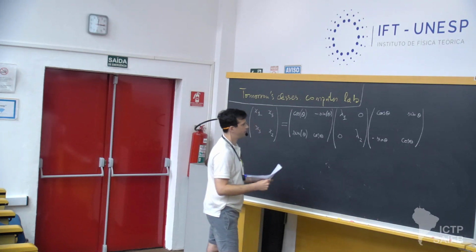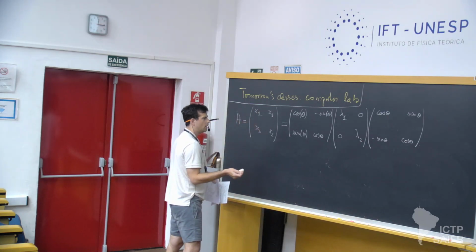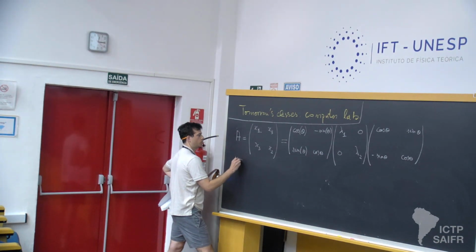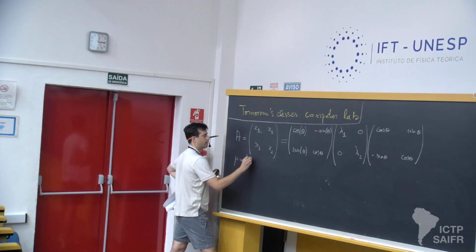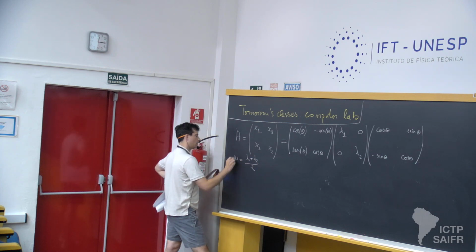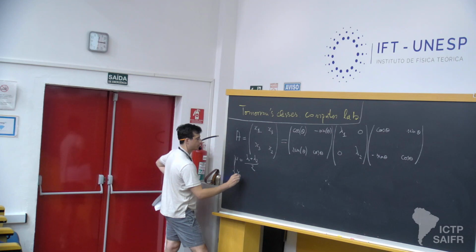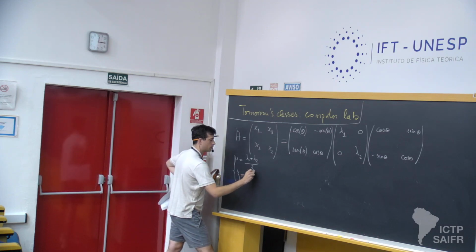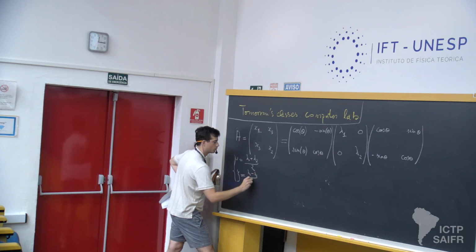I can simplify a little bit more. I'm going to introduce mu, the average of those 2 eigenvalues, lambda 1 plus lambda 2 over 2. And then I'm going to introduce a difference, psi, equal to lambda 1 minus lambda 2 over 2.